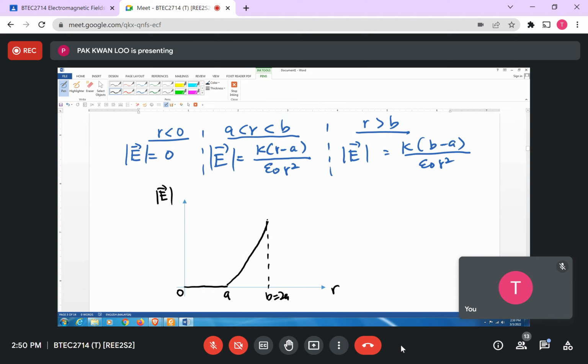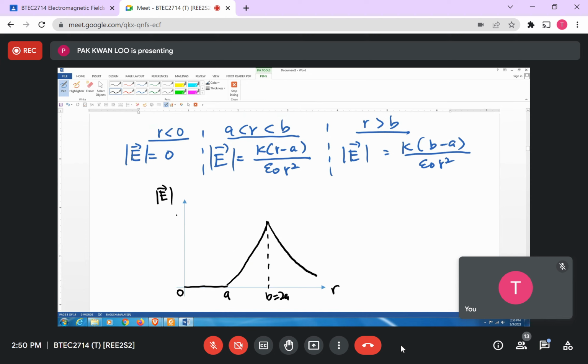That means it will deteriorate with the distance, something like this. It's going to be smaller when r is increasing.